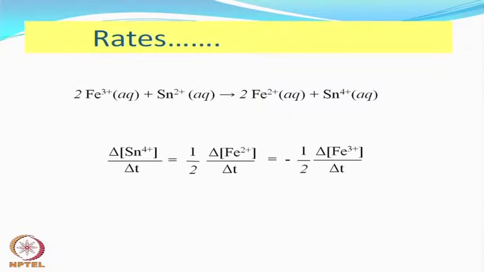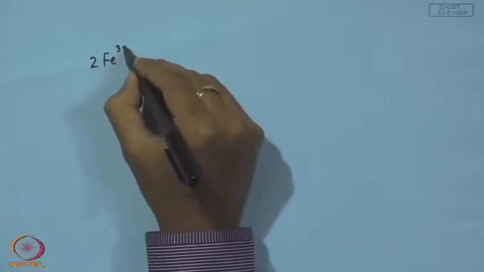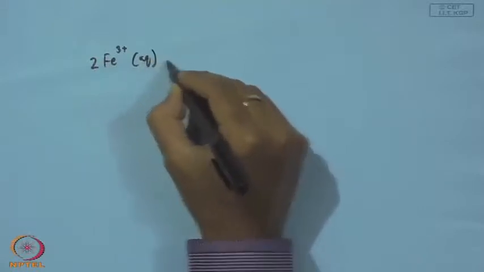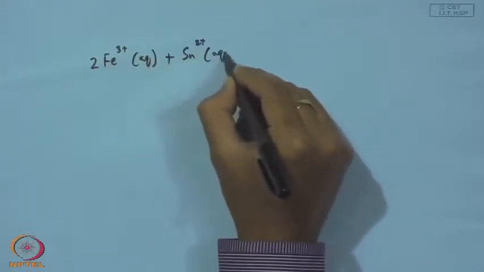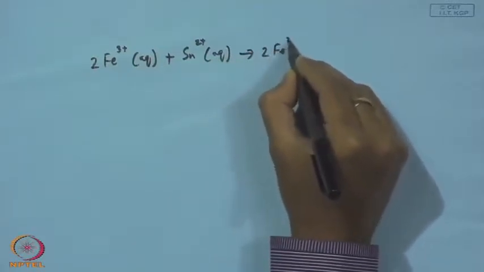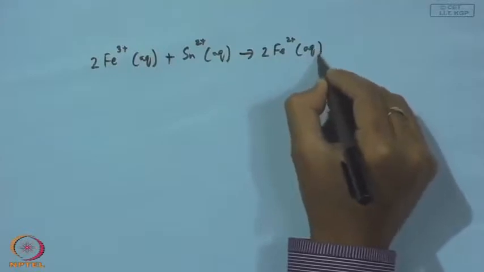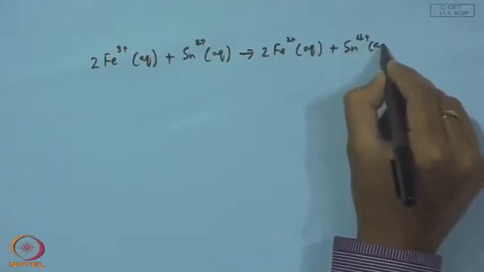Next is about the stoichiometric equation. Let us have a concrete example: 2 Fe3+ (aq) + Sn2+ (aq) giving rise to 2 Fe2+ (aq) + Sn4+ (aq).